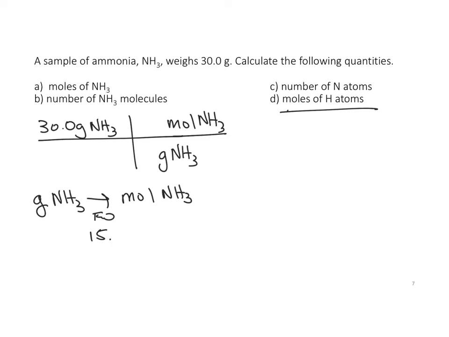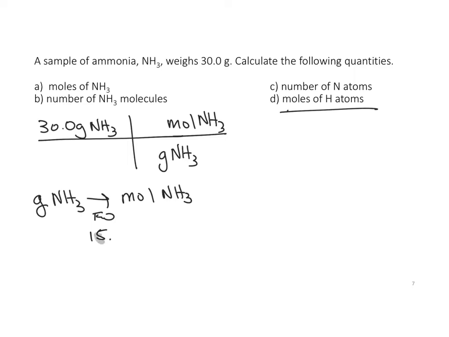What was that, 15? Let me see, 3 times 1.008 plus 14.01. That was 15. Oh, I've been using the wrong number. 14.01 plus 3 times 1.008. I was thinking that was wrong.